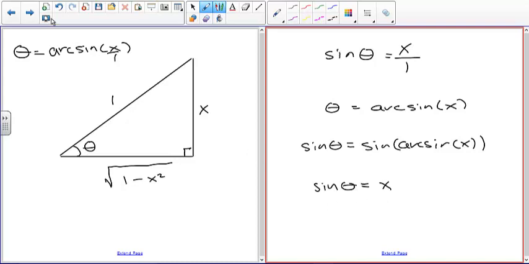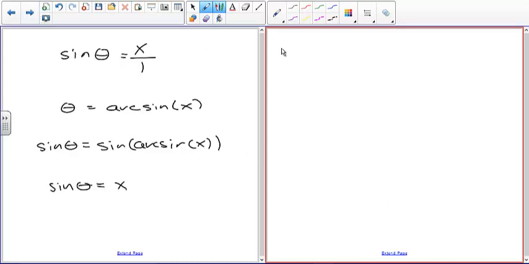Then you take the derivative of both sides with respect to x. So you'd say the derivative with respect to x of the sine of theta equals the derivative with respect to x of x. We had the same kind of thing happen when we looked at the derivative of the exponential function. So here we just get 1.